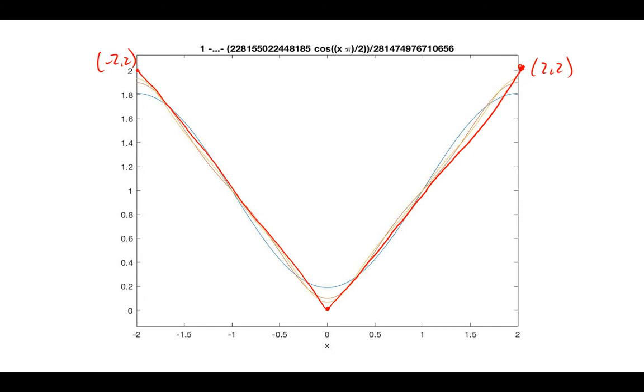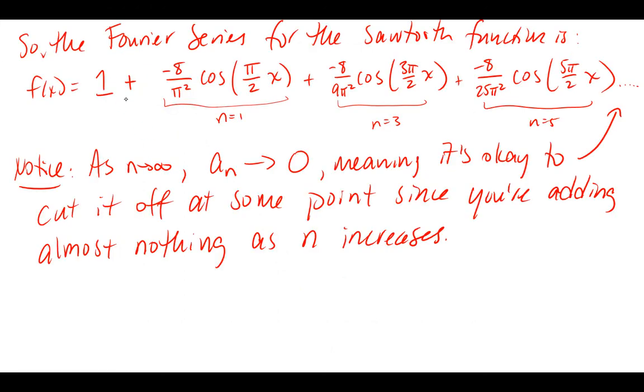So what did I plot for you here? Maybe I'll take my graph off just so you can see it a little bit better here. I plotted 3 versions of this. The blue one, the wavy guy here, that's literally just these first 2 terms. So that's 1 minus 8 over pi squared cosine of pi over 2x. Right?